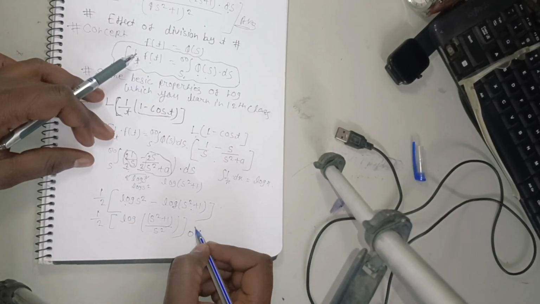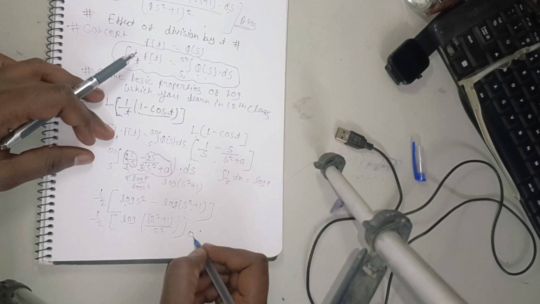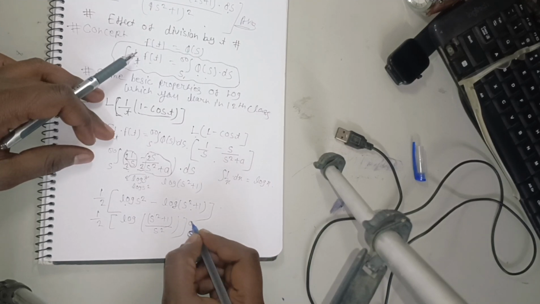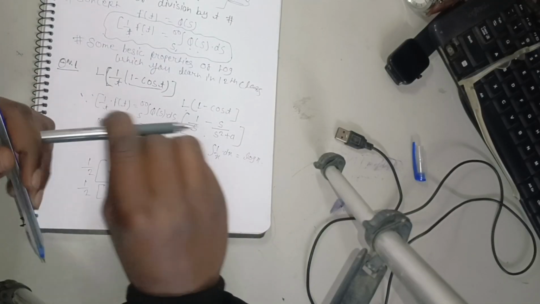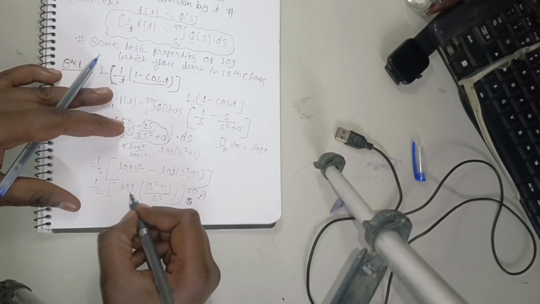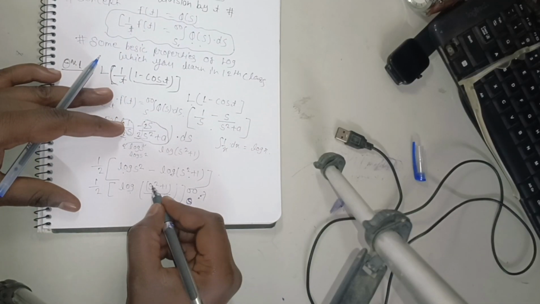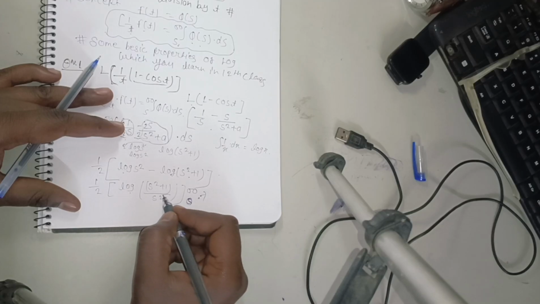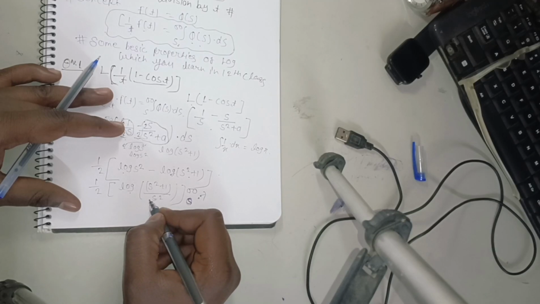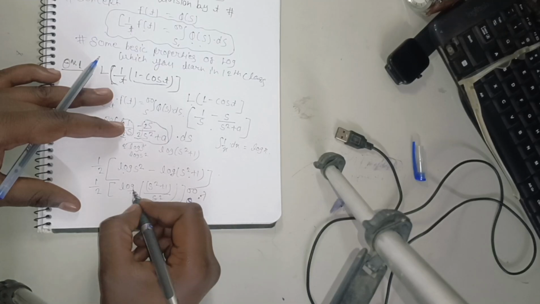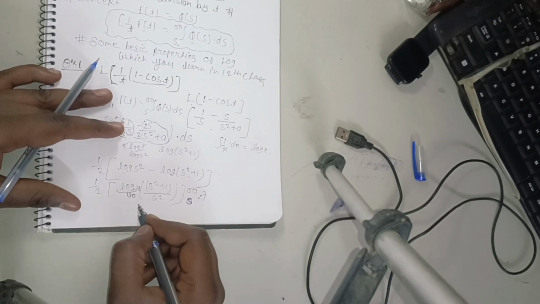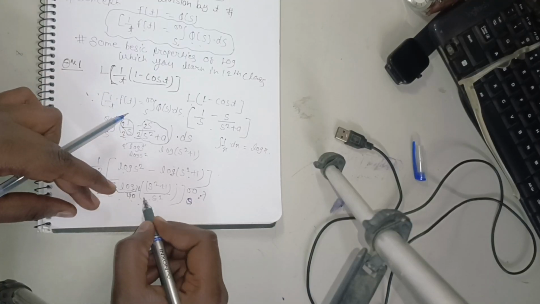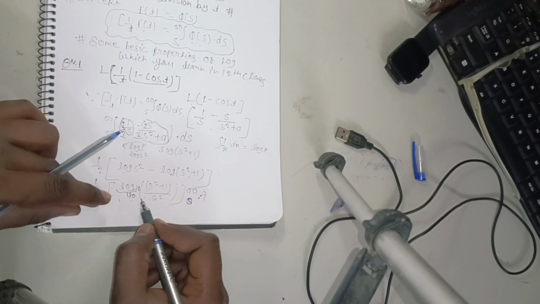Now I will simply put the limit s as infinity. So log of infinity square upon infinity square plus 1, infinity will be cancelled. So here it will be infinity upon infinity, so here will be 1. Log 1 is always 0. We know this. So if we write 0 or don't write it, it doesn't make any effect.